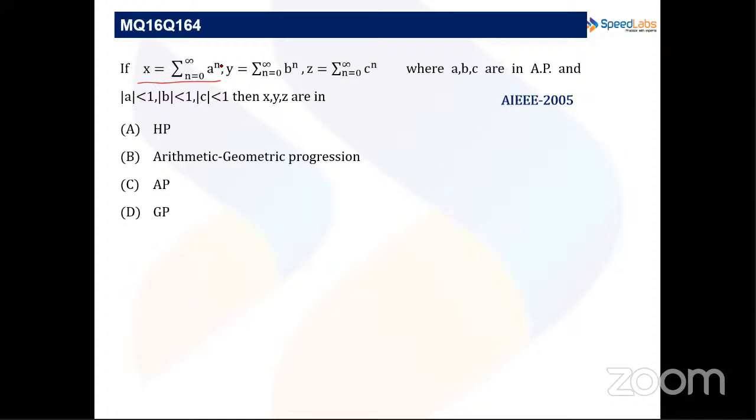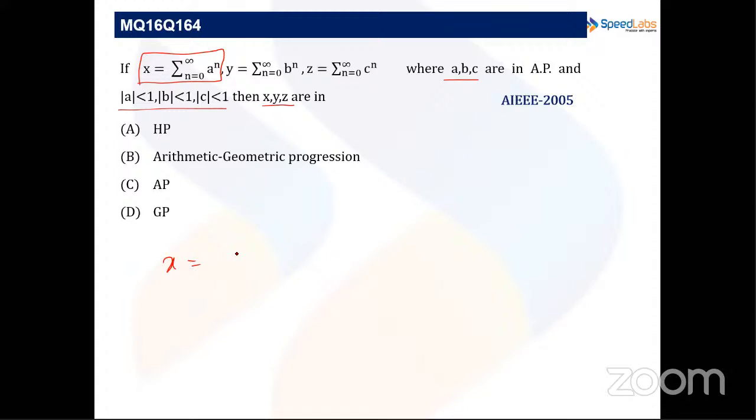If x equals summation n equals 0 to infinity a to the power n, y equals summation n equals 0 to infinity b to the power n, and z equals summation n equals 0 to infinity c to the power n, where a, b, c are in AP and mod a, mod b and mod c are less than 1, then x, y, z are in. So this is an infinite GP, so the formula of infinite GP is first term upon 1 minus common ratio.